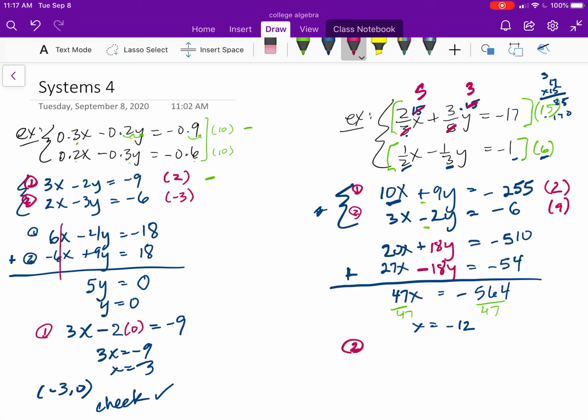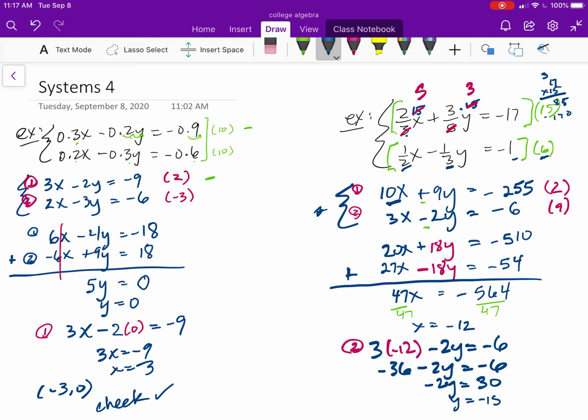For equation 2, we have 3 times x, which is negative 12, minus 2y equals negative 6. So that's negative 36 minus 2y. From here we have a single variable. Go ahead and solve, add 36. I'm not going to write every step. Negative 2y equals 30, and divide by 2, y equals negative 15.